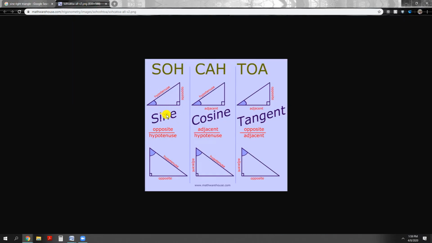If we use sine, right, it takes this angle and then it gives us the ratio of the opposite over the hypotenuse. Use cosine, you're going to get the adjacent over the hypotenuse. Tangent, you're going to get the adjacent over the opposite. Now, if you're looking at a different angle, that's going to change where the opposite and the adjacent are.